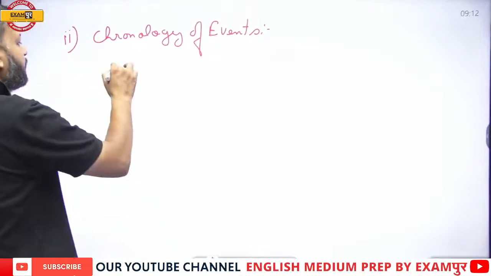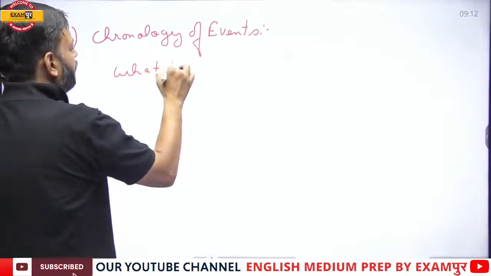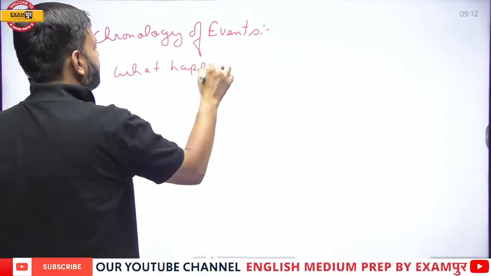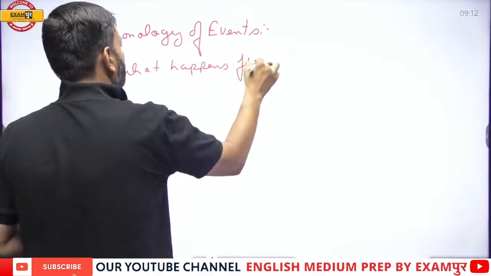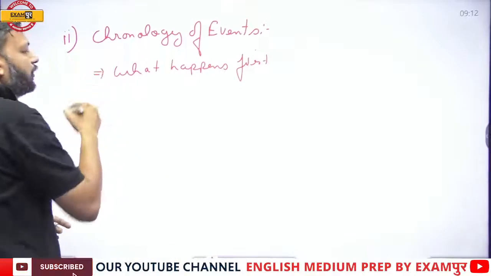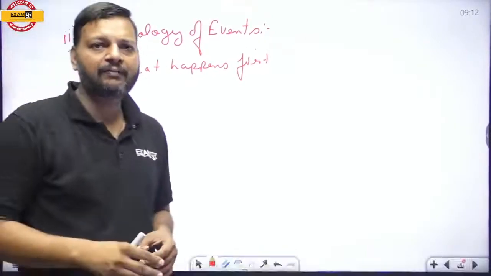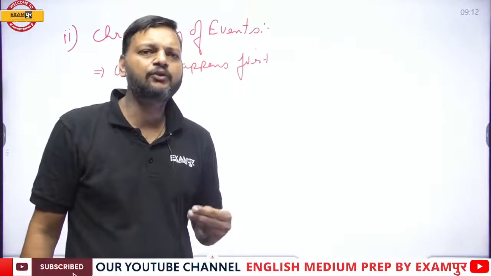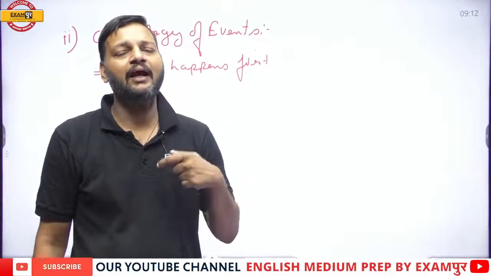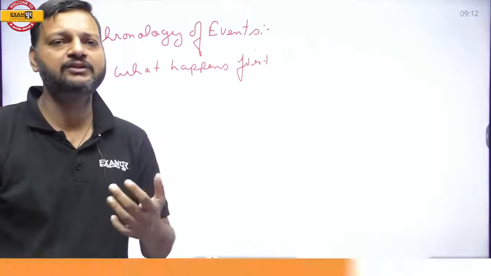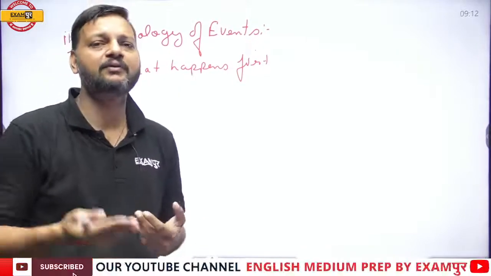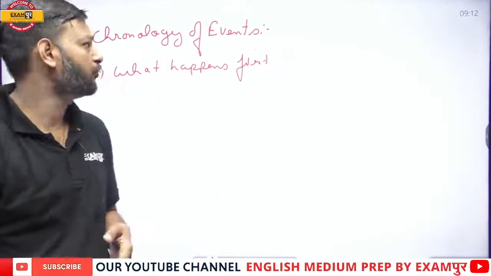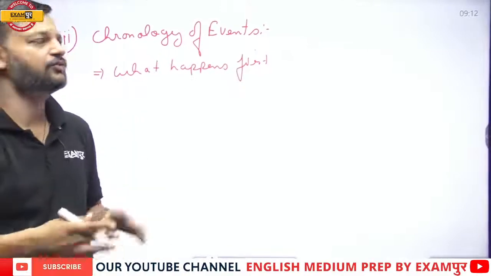What happens first? Okay. In parajumble, there may be two or three different actions. So simply you have to see which action happens first, and which action comes after which. Okay. So chronology of events.